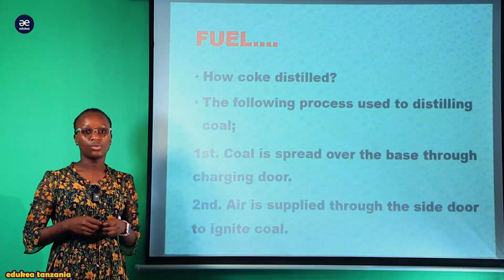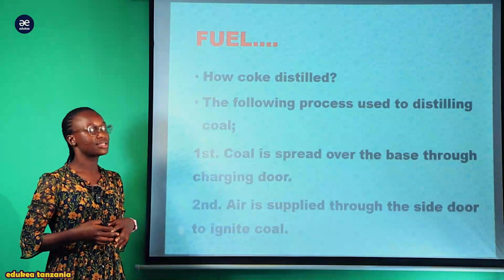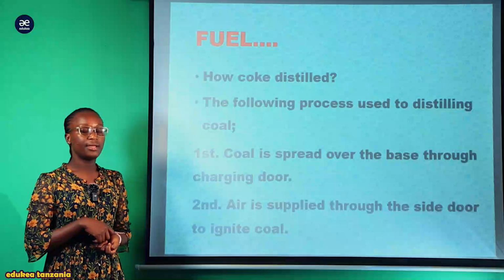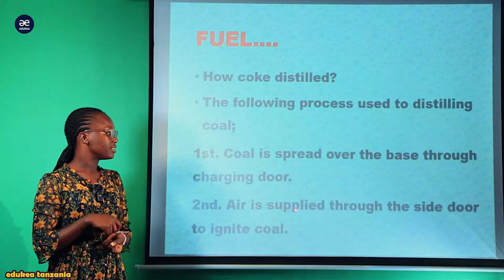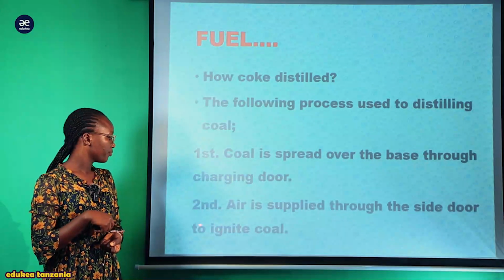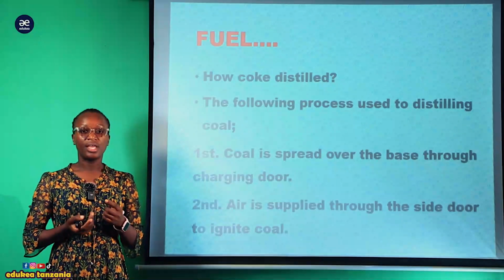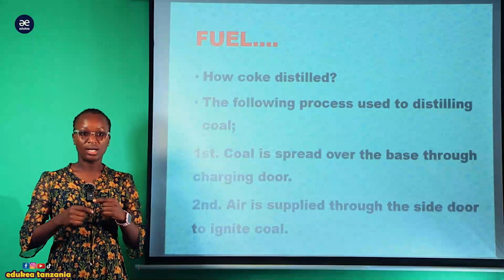And then the second process is air is supplied through the side door to ignite coal. So immediately after, ili kuanzisha moto ule, ili kuanzisha zile coal zetu ziwe zinaungua, we have to apply this.